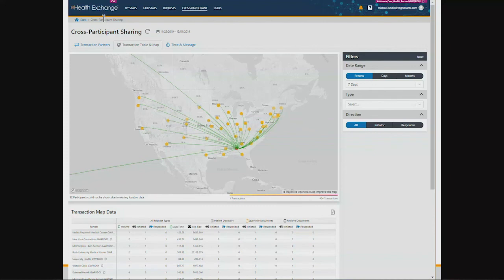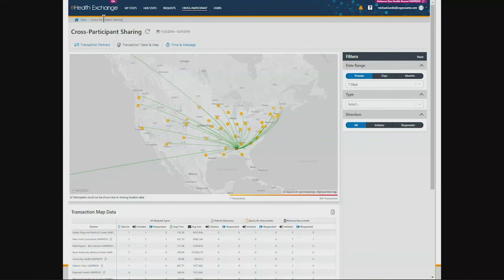So you can get a really nice viewpoint. There is a heat map associated with that. It doesn't show up too well on this particular screen, but the more intense the orange circle, the more transactions are moving in and out of that. So you do get some level of who am I really trading with.